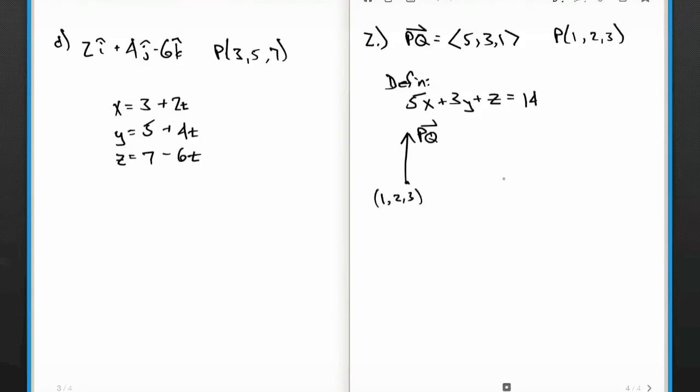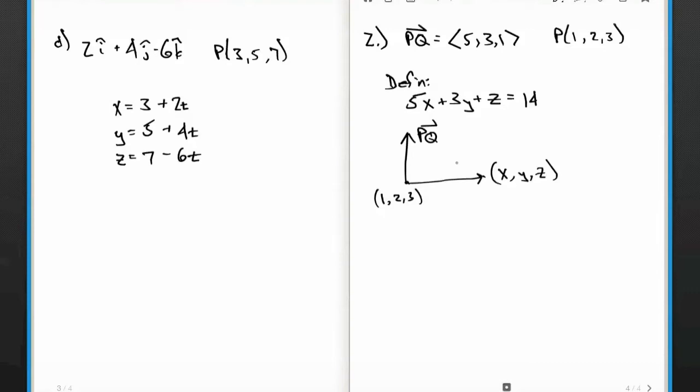And I've got some other point over here, which is x naught, y naught, z naught. Oh, no, sorry, I'm just going to call it x, y, z because that will save me a lot of ink. So I've got some point here, which is x, y, z, right? And I could draw another vector like that.